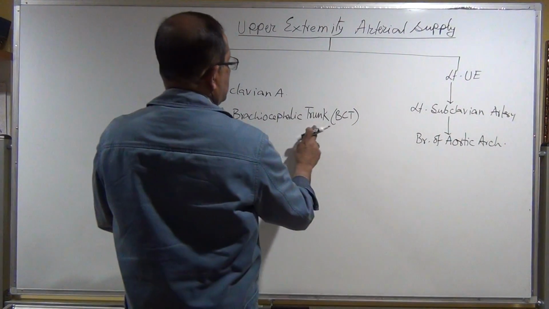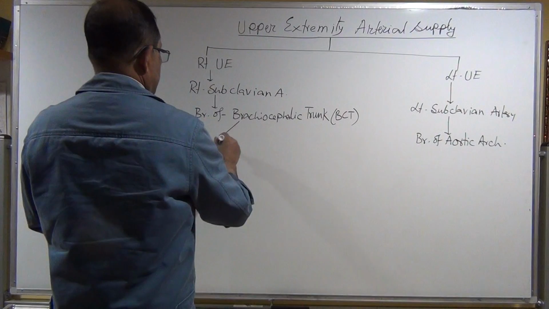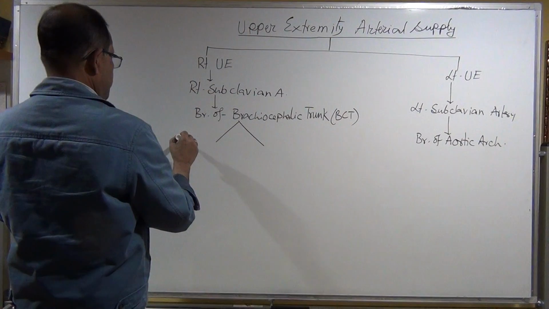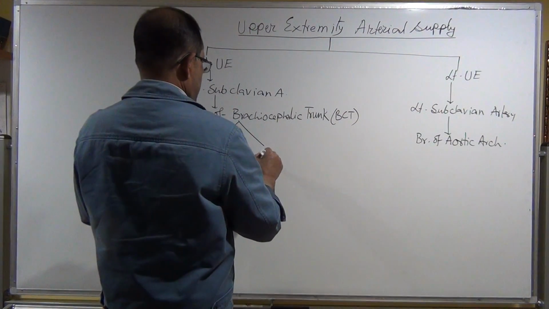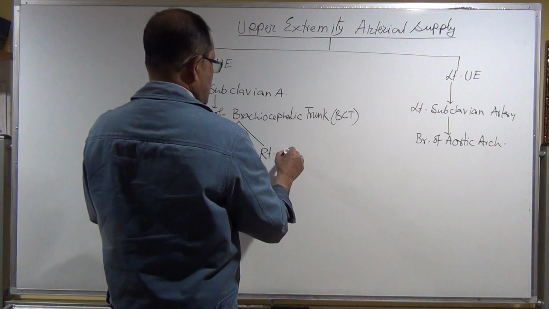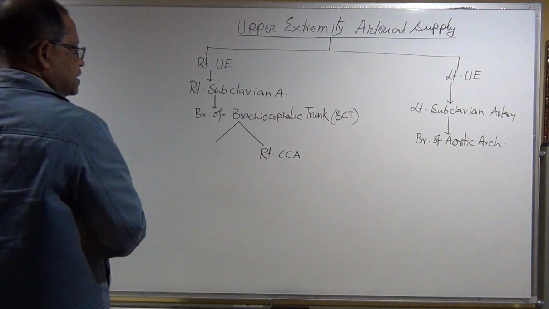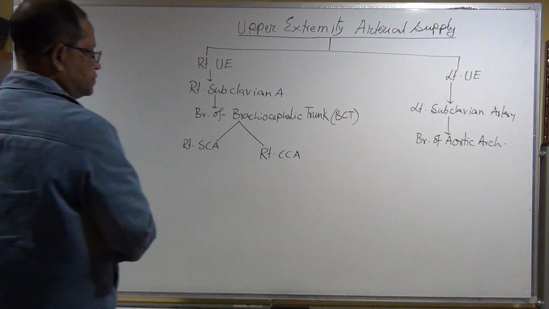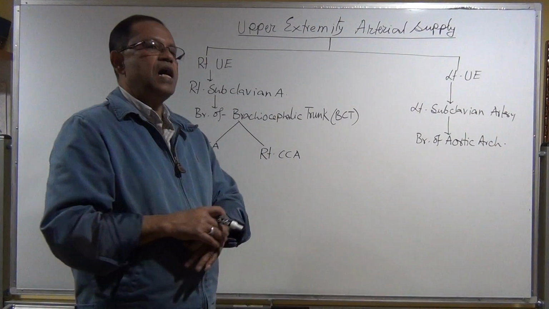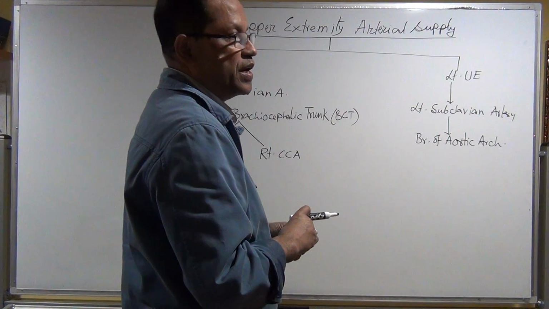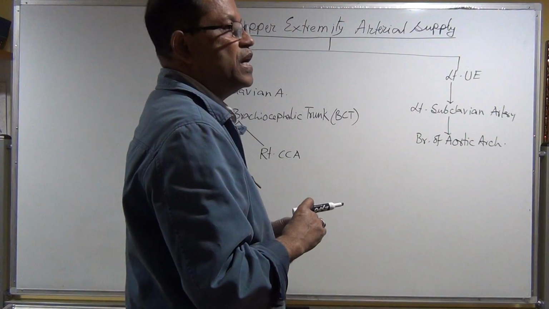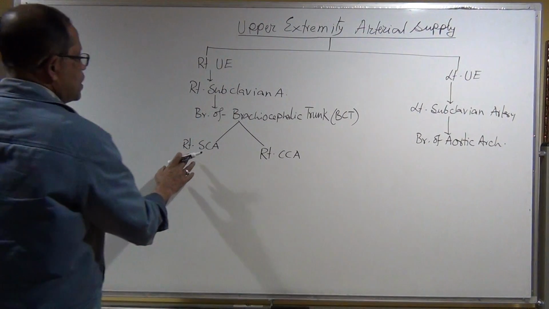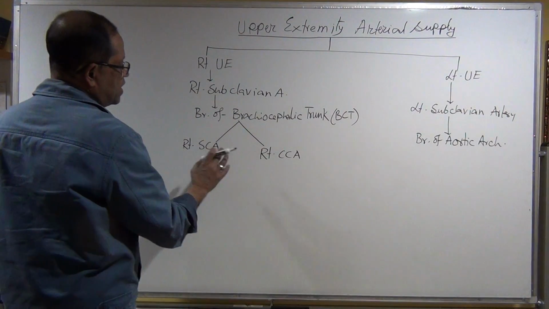So from this brachiocephalic trunk, here is the right common carotid artery, and here the right subclavian artery. The right common carotid artery we discuss with the extracranial cerebral system. But now our point of interest is the right subclavian artery.